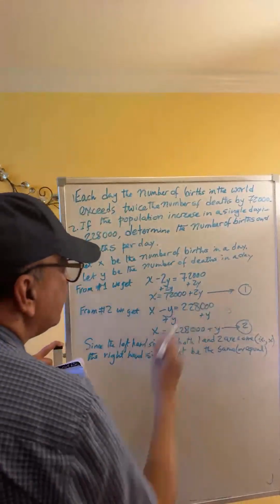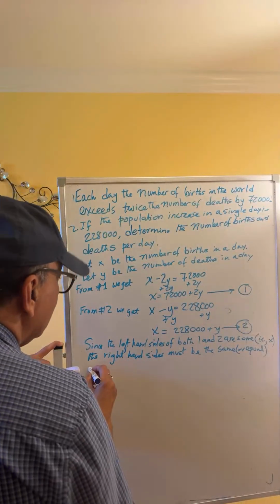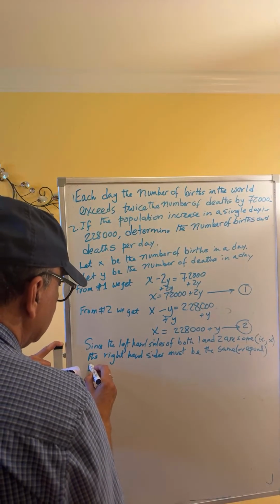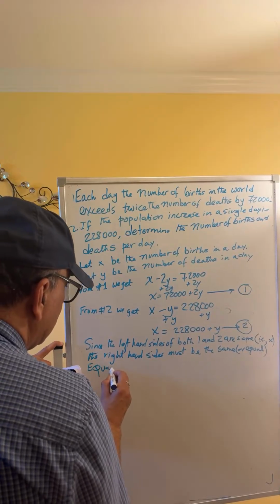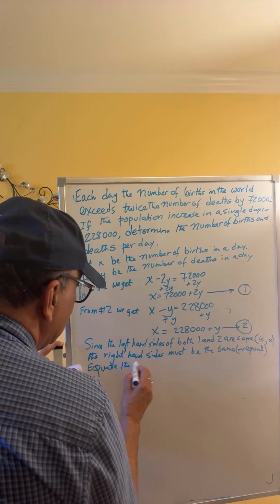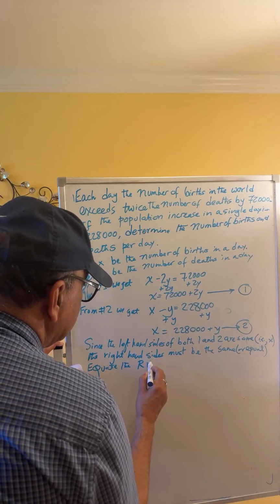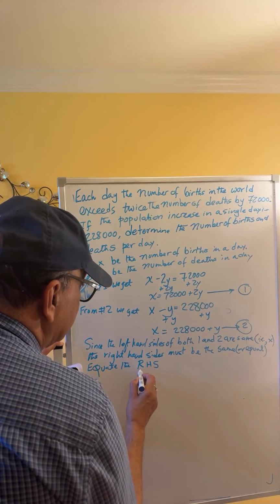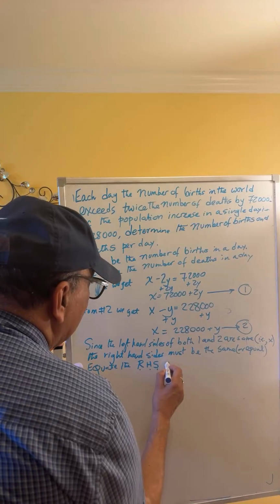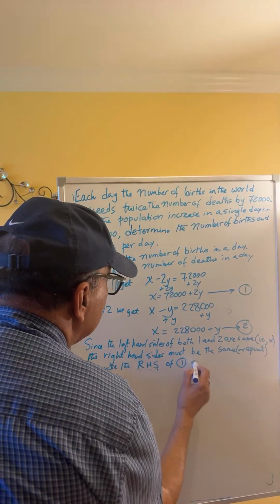So that means from 1 and 2, equate the right hand side. I will write RHS, right hand side, of 1 and 2.